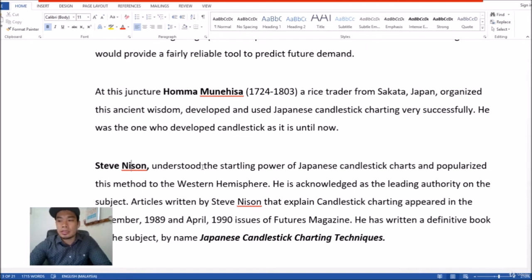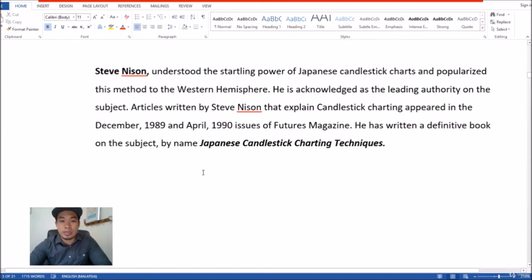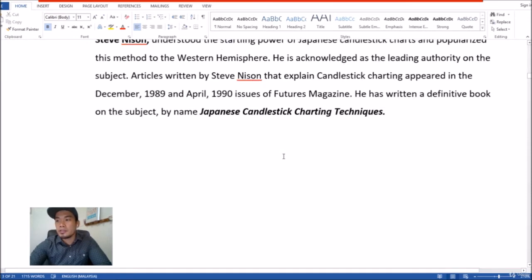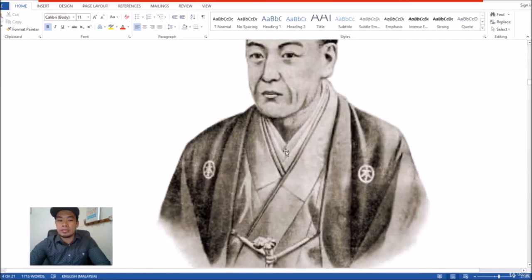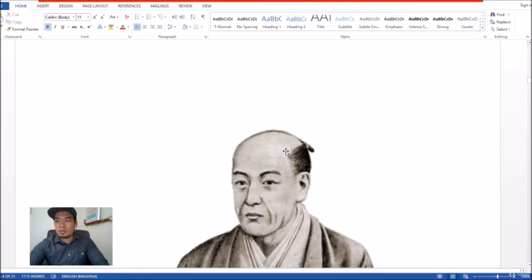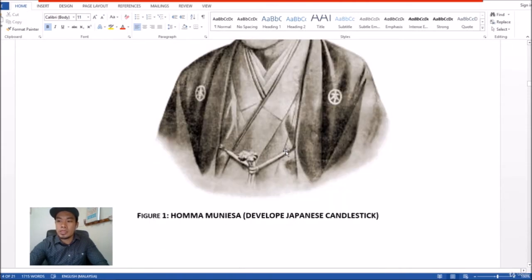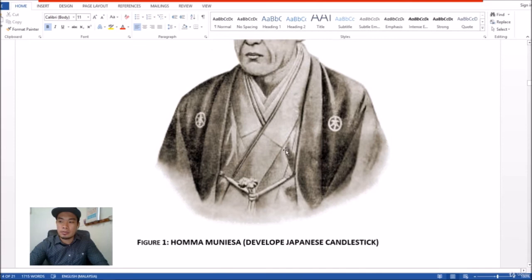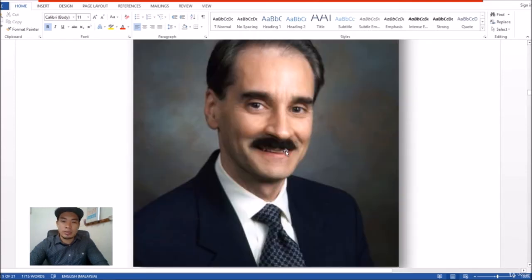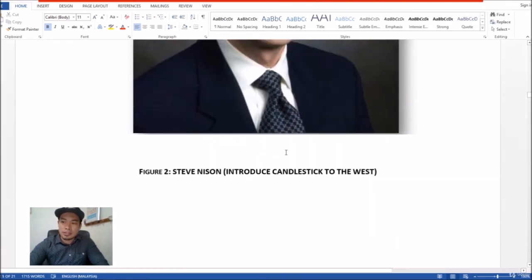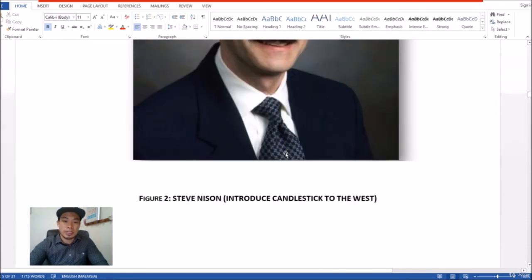He is the one who brought the candlestick chart from Japan to the West, and I think he made some improvements to the Japanese candlestick chart strategy. This is Homma Munehisa, who developed Japanese candlestick, and this is Steve Nison, who introduced candlestick to the West.